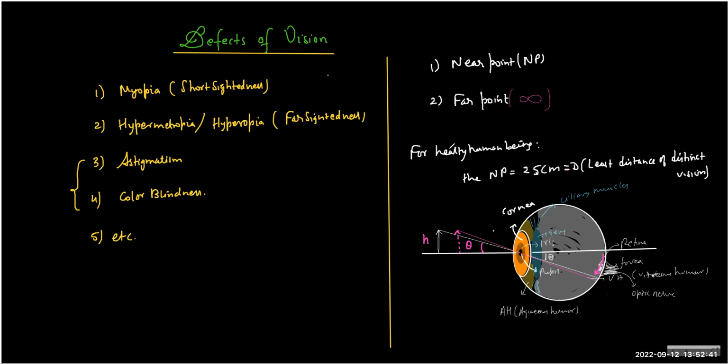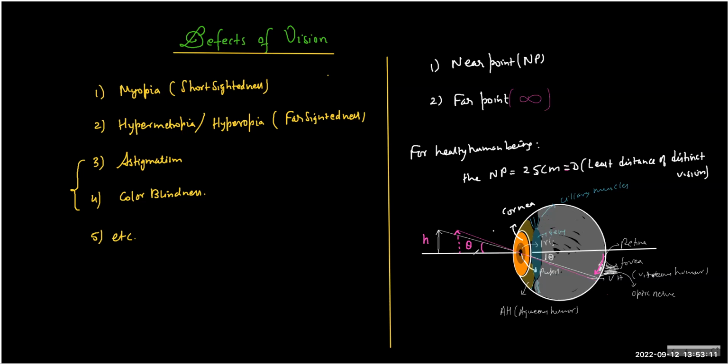So first of all, the size of an object for a human eye is not the linear dimension but the angular dimension. It was also asked in a JEE Mains examination what you mean by magnification by the eye. So the human eye does not see hi by ho. No. The human eye only sees theta by theta naught. So what is theta naught?